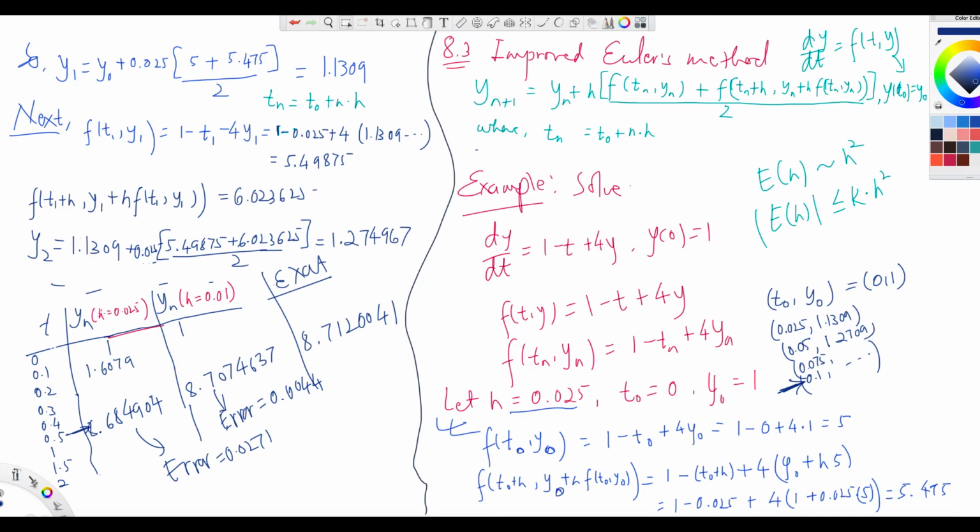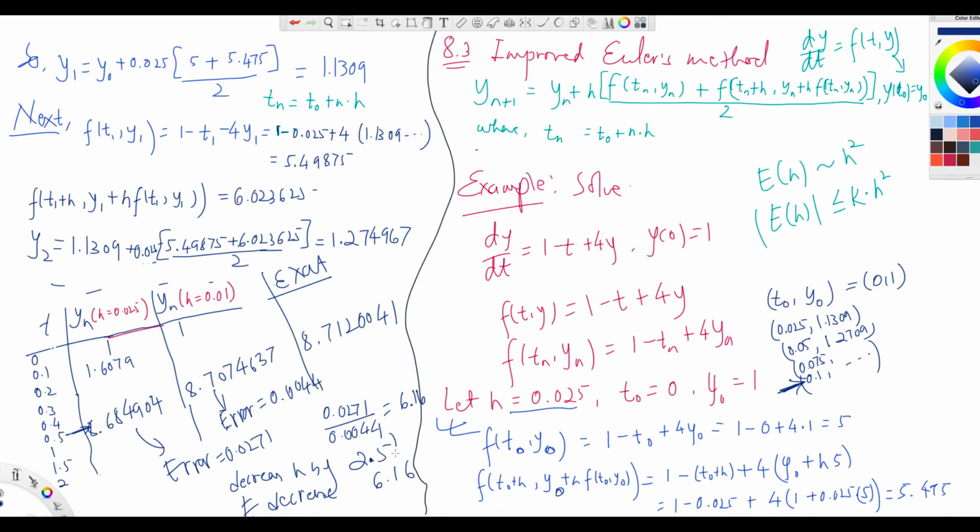By what factor did we decrease the value of h? By 2.5, right? But here the error is decreased by even more than that, because it is not decreased by the same ratio. So we decreased h by a factor of 2.5, and the error decreased by 6.16.